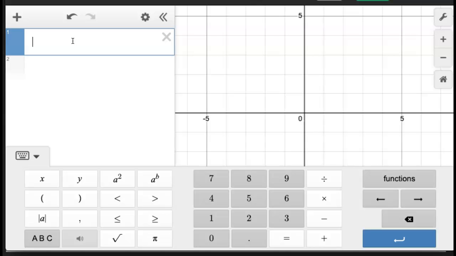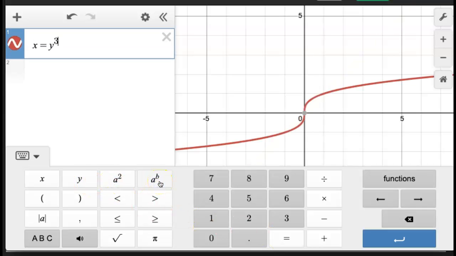So what I want to do is set this up. Since they used y, I want to set this up as saying that x equals this equation, right? So we'll do y, and to do the cubed, I'm going to do this a to the b, and whoops, let me back that up. I wanted to do all my keystrokes on the screen here.